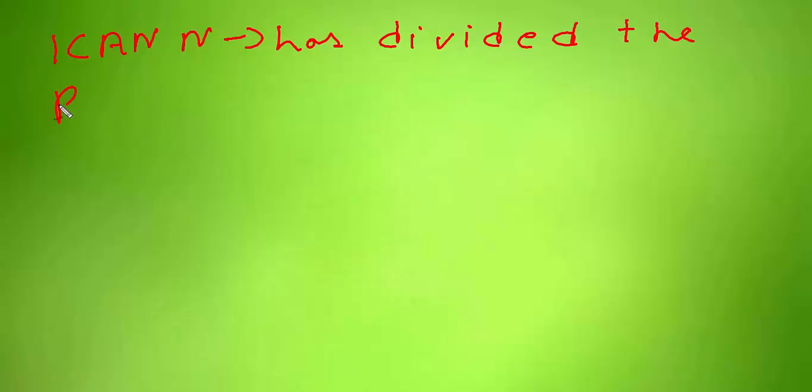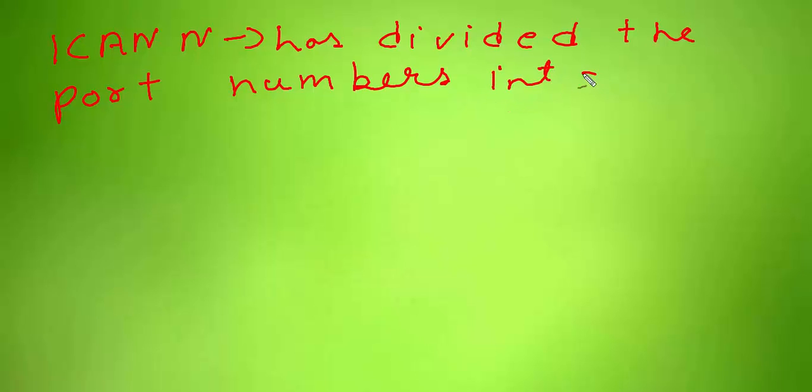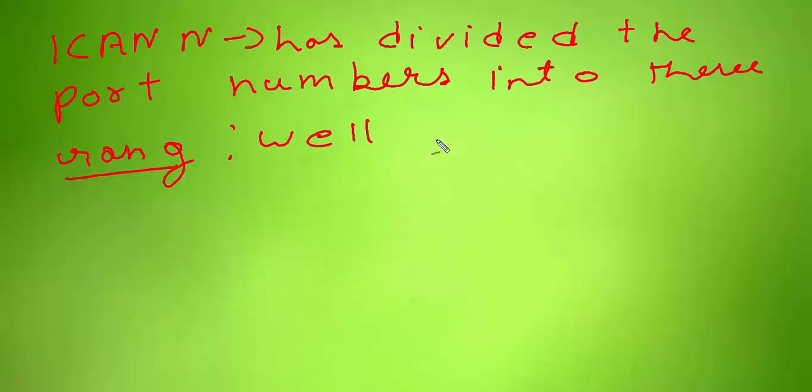ICANN has divided the port numbers into three categories, or ranges.